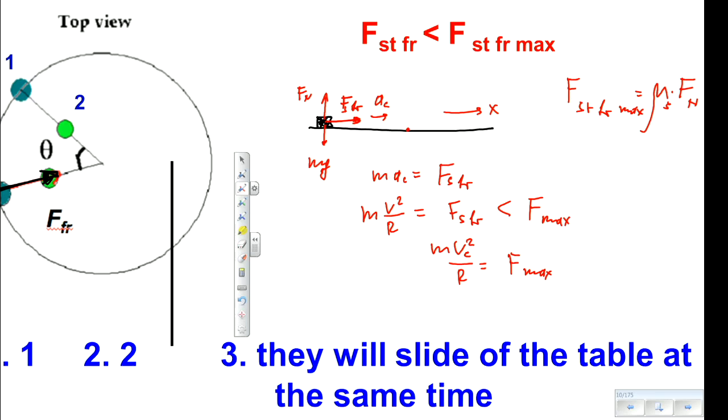So if we start spinning it faster, friction can't provide sufficient value anymore. Sufficient friction is impossible, and that's why it starts sliding off. The critical value, we can of course calculate it, should be equal to the radius times the maximum value of static friction divided by the mass.